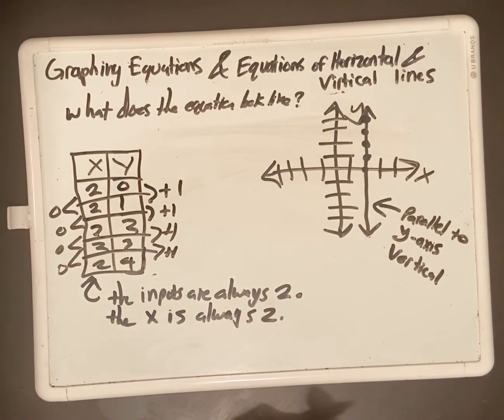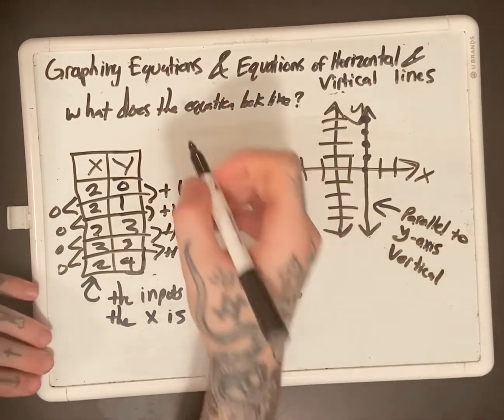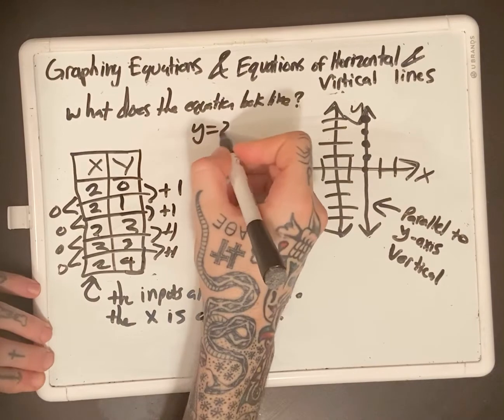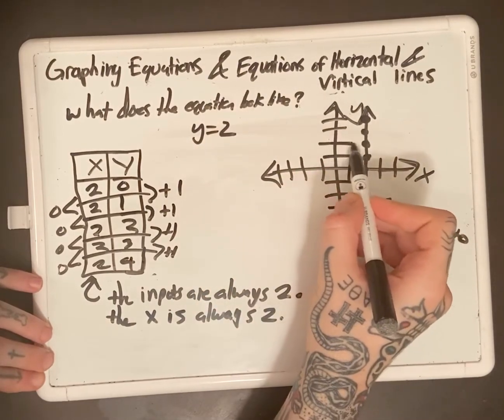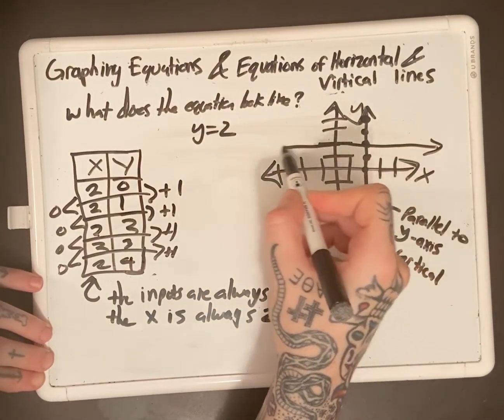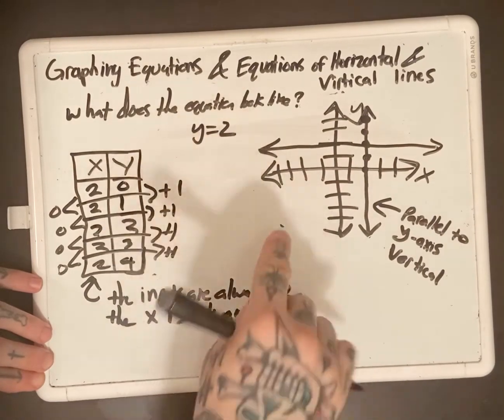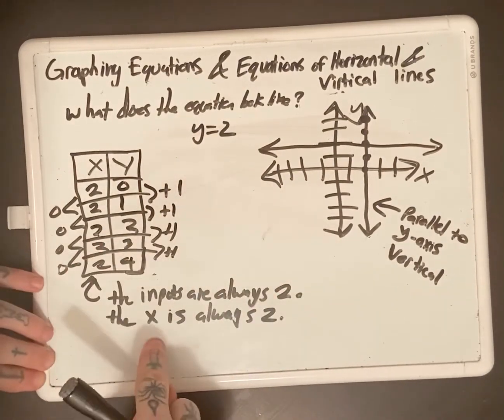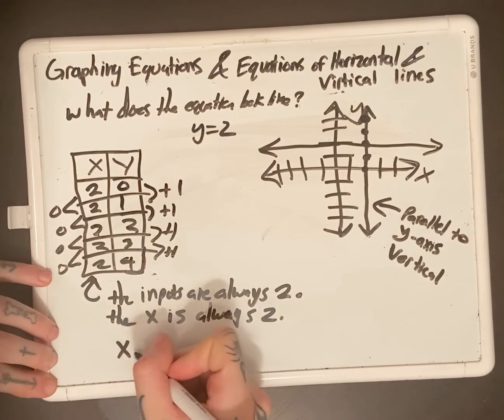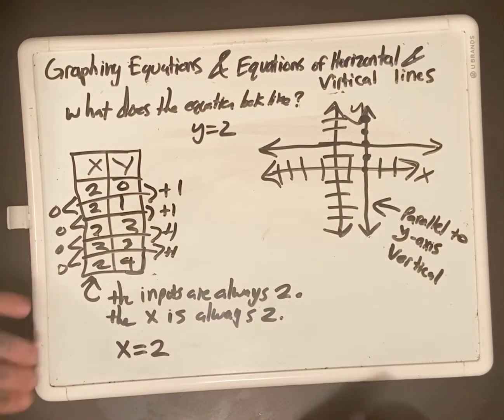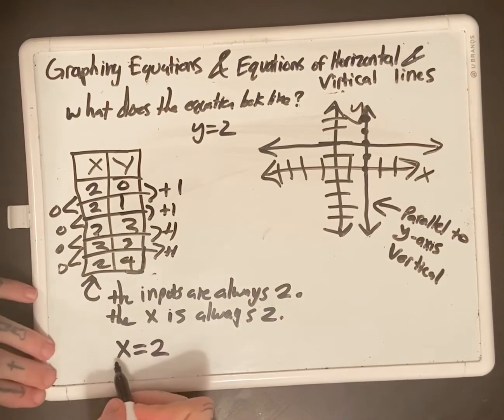So in our previous ones, we saw that y equaling 2 meant it would be a line like this, where every y is 2. So in this case, we're going to say x is equal to 2. Okay? So for vertical lines, it's x equals a number.